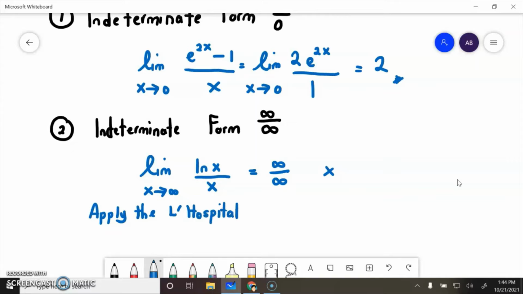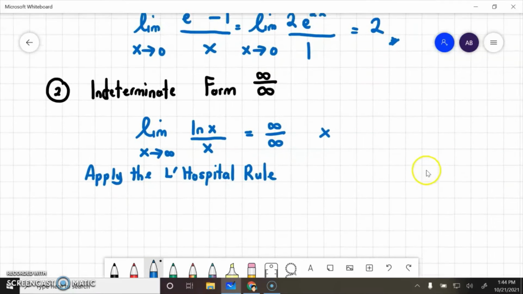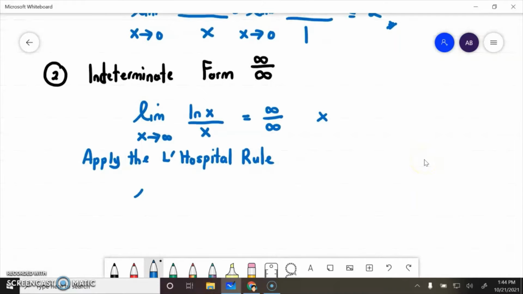L'Hôpital's Rule says that when you have an indeterminate form, I can take the limit by taking the derivatives of the numerator and the denominator. The derivative of ln x is 1 over x, and the derivative of x is 1.